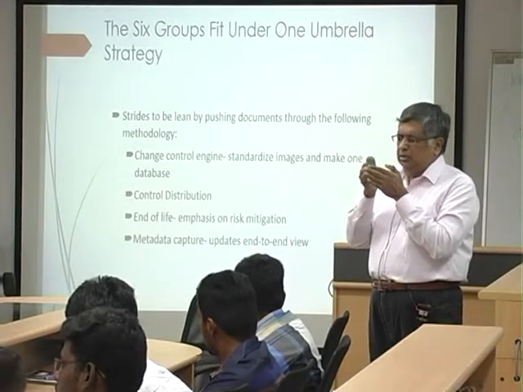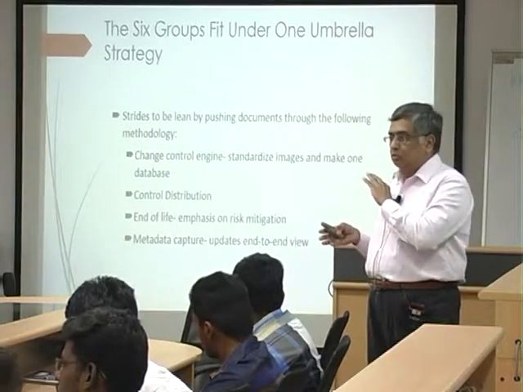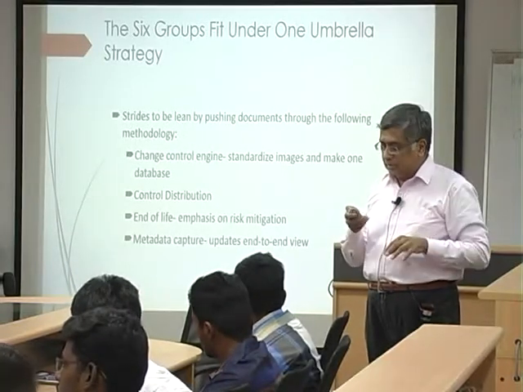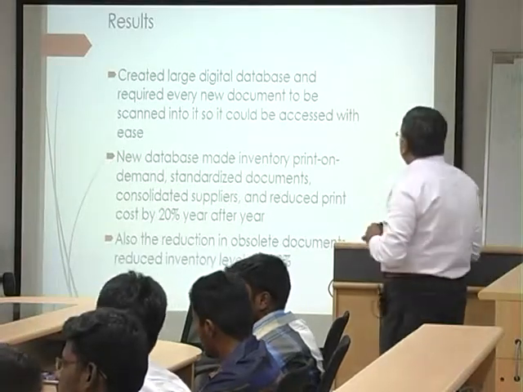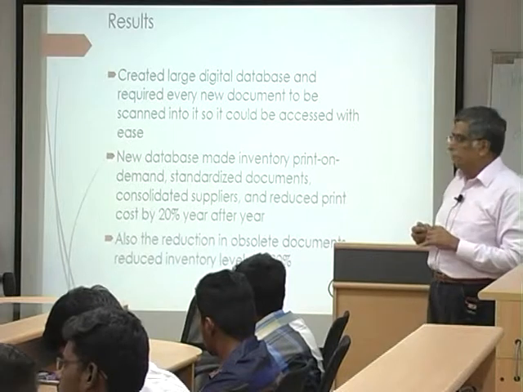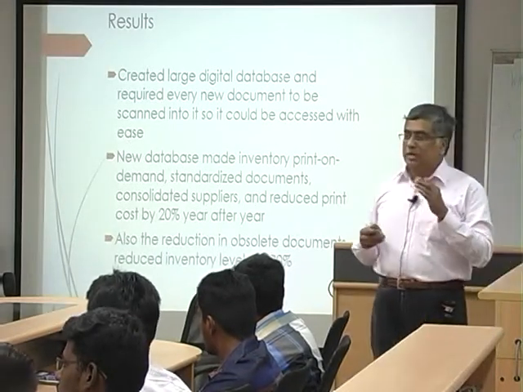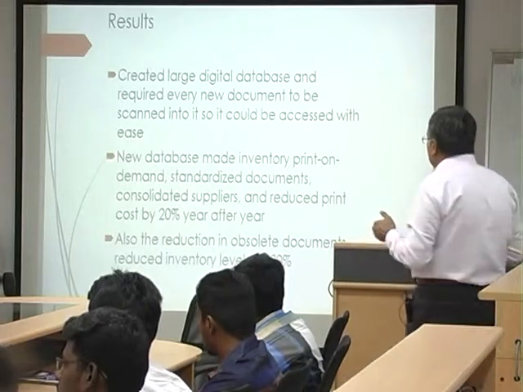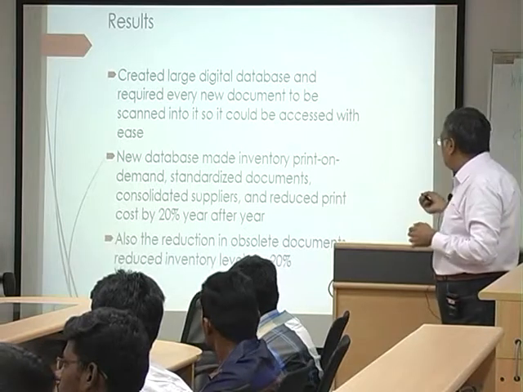Although the case is based on one branch in the bank, they could roll it out to multiple banks and get that end-to-end metadata view. Okay. They also created a large digital database that required every new document to be scanned, and it could be accessed with ease. And the new demand standardized documents.